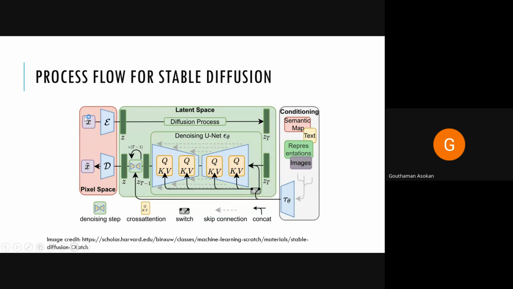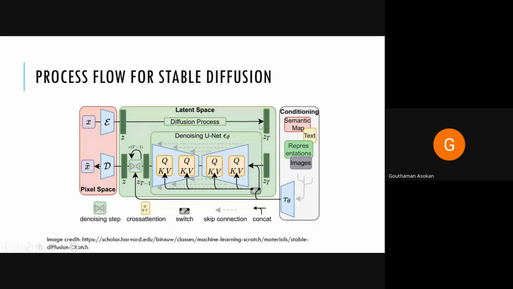X is the pixel space that we are talking about, and we have this autoencoder contracting part, with which it goes into this Z, which is the latent space. This whole thing is the latent space. So instead of working in the pixel space, it goes into this latent space, and in this latent space the diffusion process happens, where the forward diffusion, as we know, happens to get this ZT.